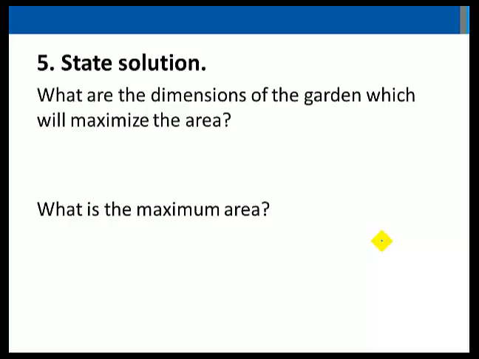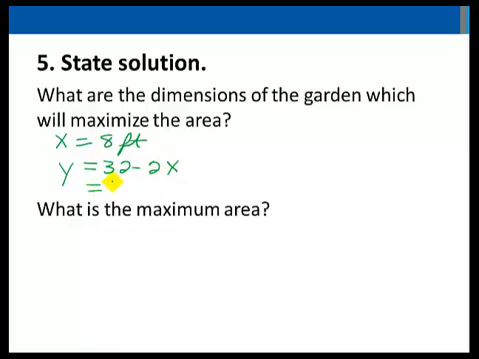Let's state the solution. What are the dimensions of the garden which will maximize the area? So we know the width is 8 feet, but to find the length y, we go back to an equation we had somewhere along the way. y is equal to 32 minus 2x.